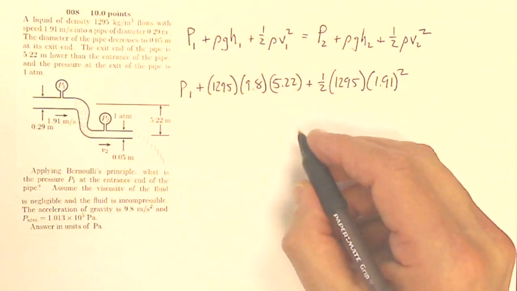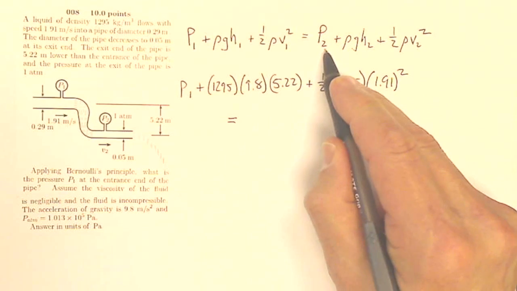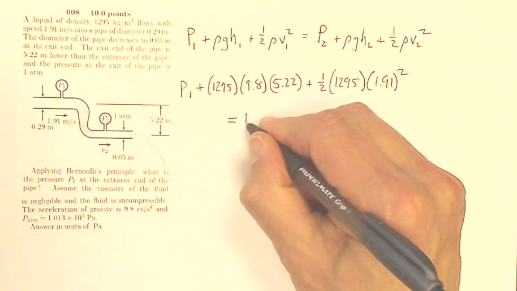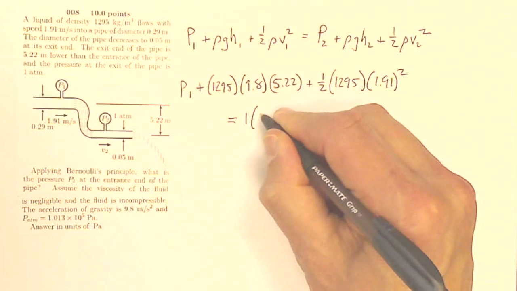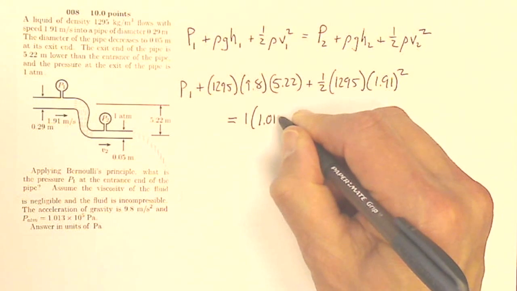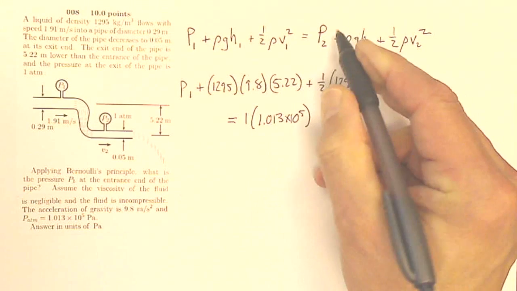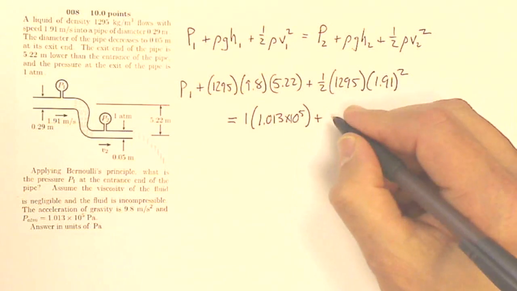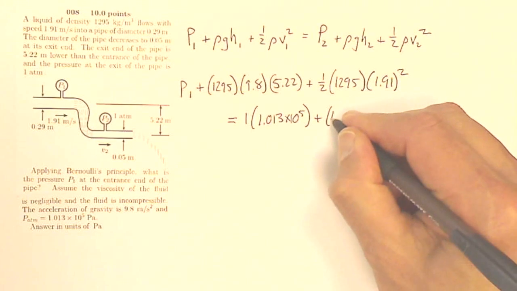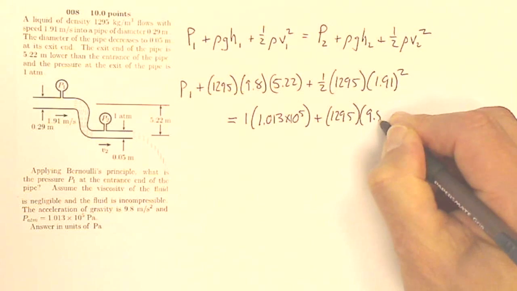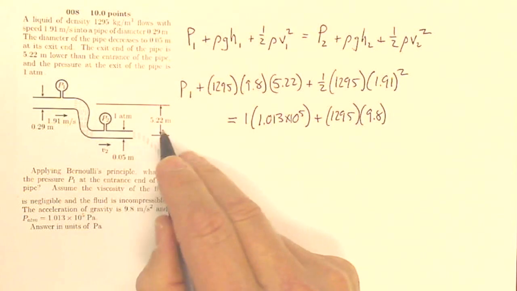That's going to equal, let me just continue it here, P2. Well, my pressure 2 is 1 atmosphere, so that's 1 times 1.013 times 10 to the 5th. That's my P2, plus my rho g h, my density is 1295 times 9.8 times a height of 0.